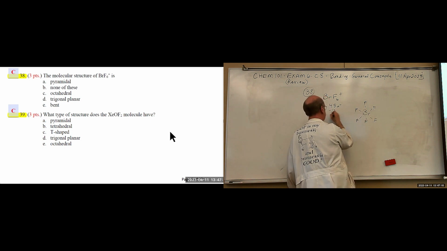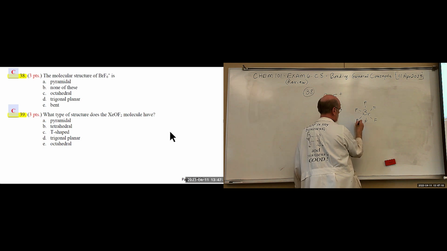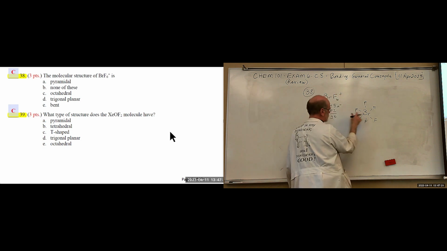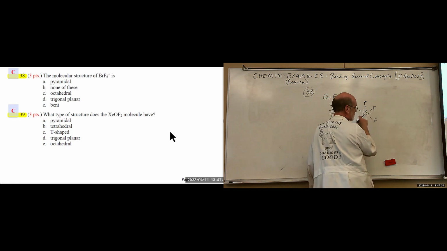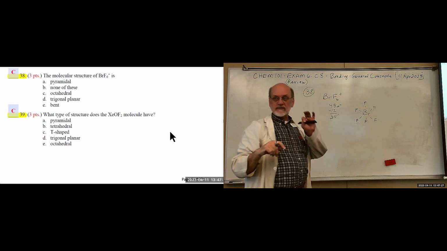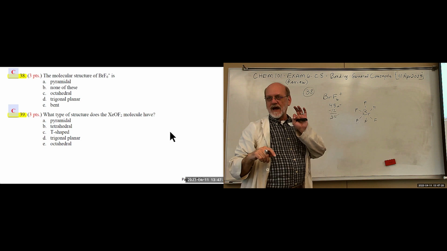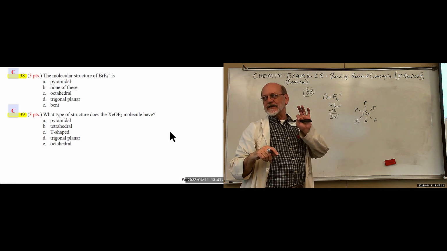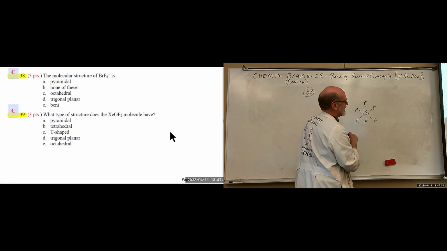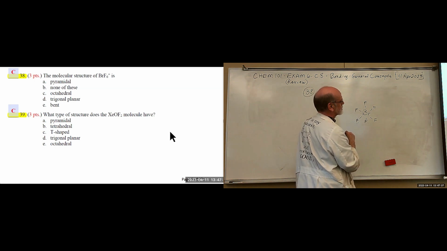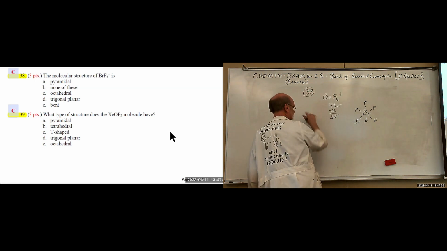That's 36 if we put 6 around each fluorine, 6 times 6 is 36. That's gone. So this structure, 6 groups is octahedral.